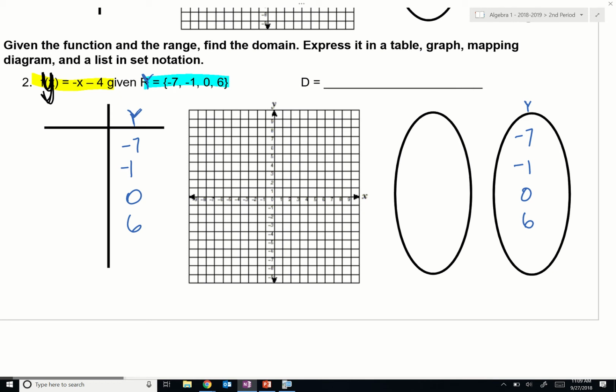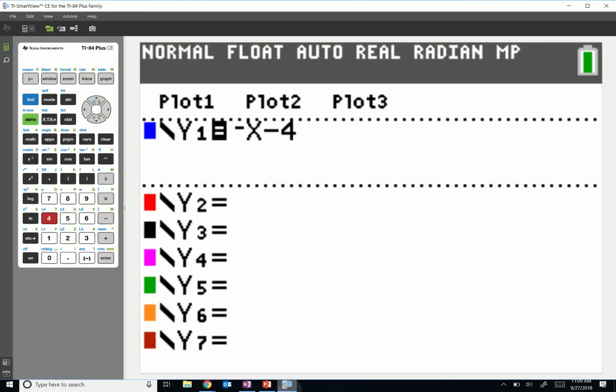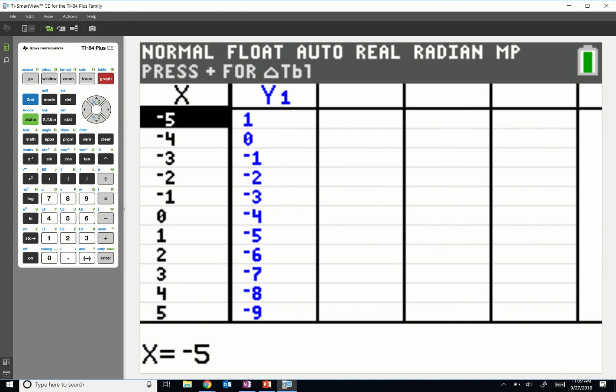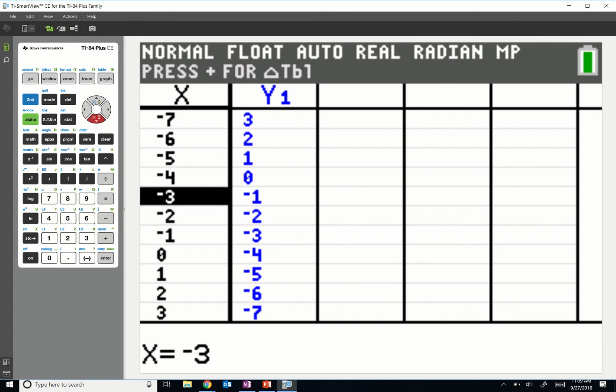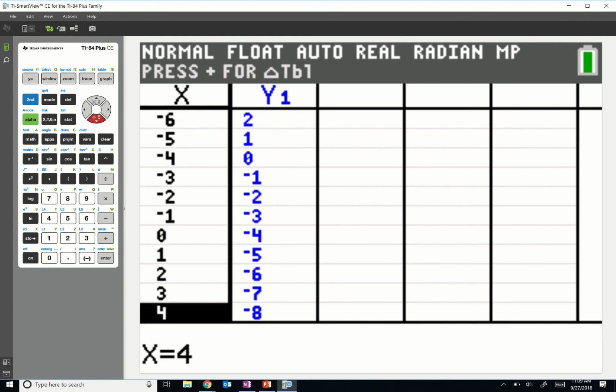So instead of finding the right side of my table this time, I'm going to be finding the left side. I've got to find my x's. So when I go to my calculator and I say second graph to get to my table, I'm looking on the right side for what number? -7. So let's go look.